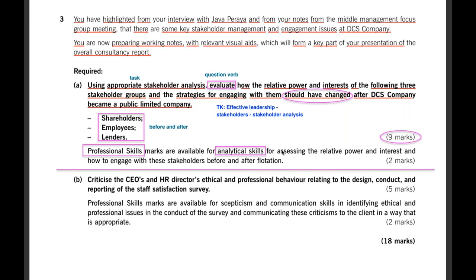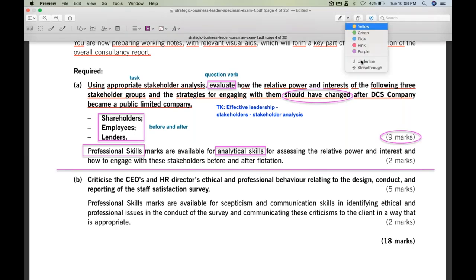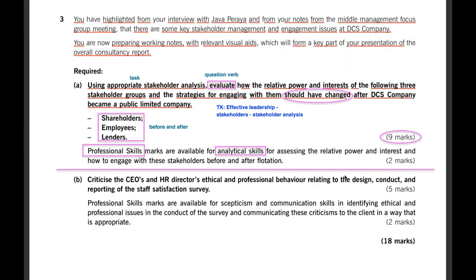Even if, let's say, you don't have this, I'm striking through this, it was not mentioned.